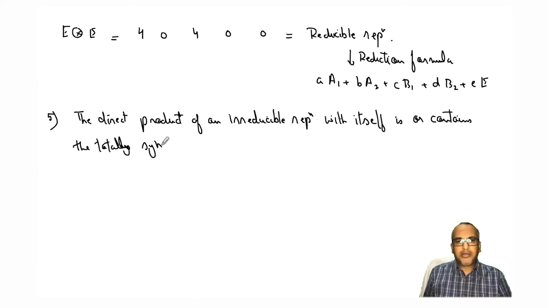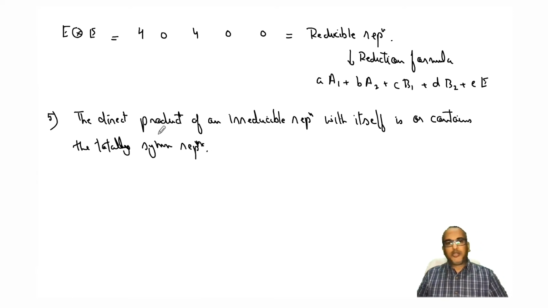So if you're taking the direct product of an irreducible representation with itself, it might result in a totally symmetric representation, or it will contain it. When I say contain, it means if you end up getting a reducible representation, it must contain A1 if and only if the direct product is of two irreducible representations which are the same. That means the direct product of an irreducible representation with itself will contain the totally symmetric representation, right?